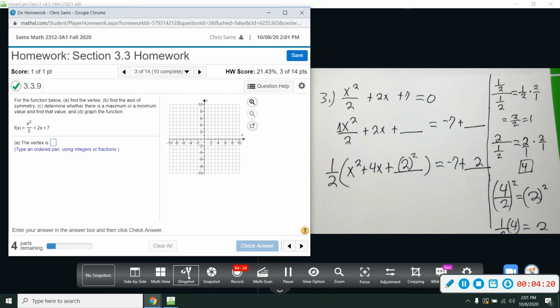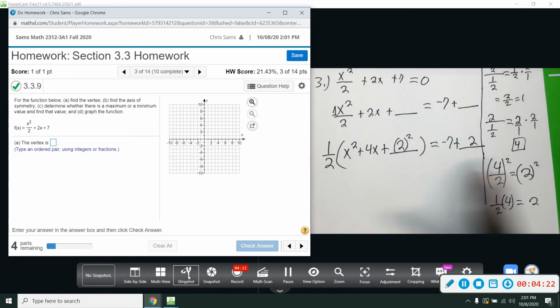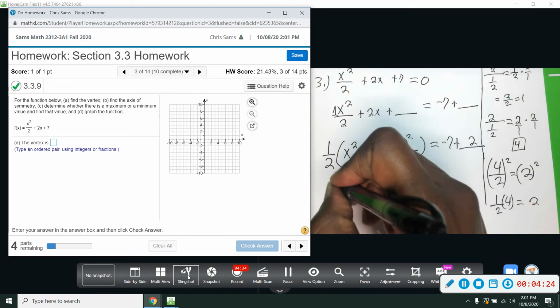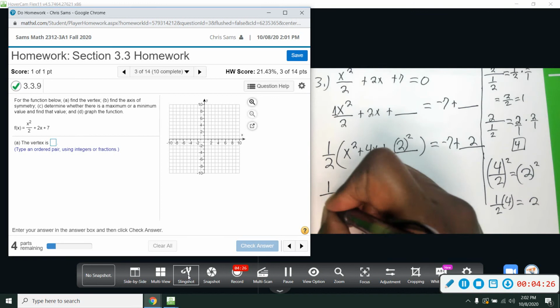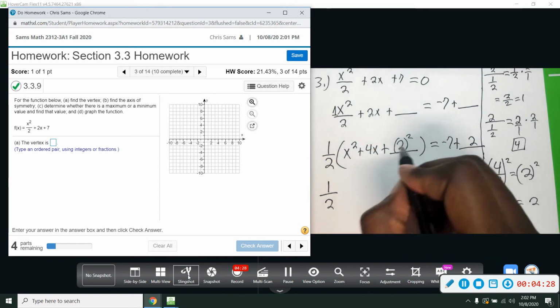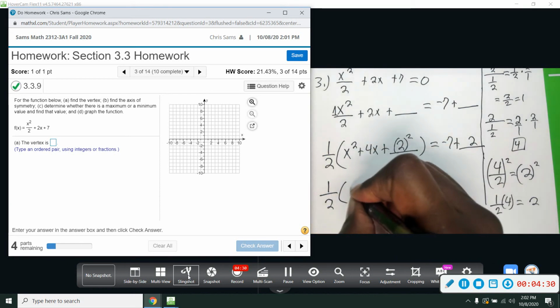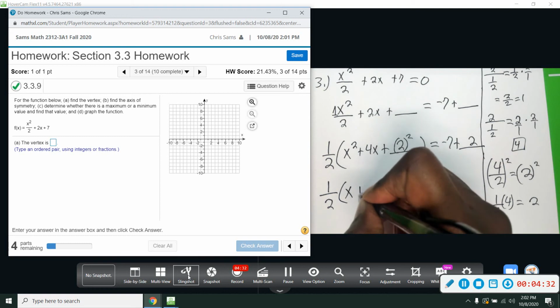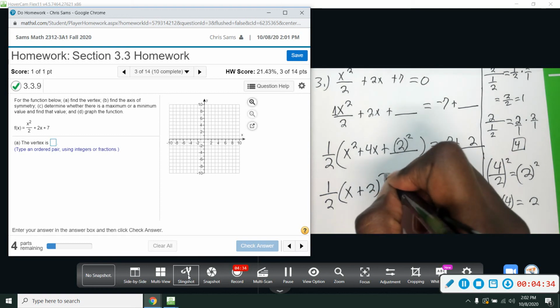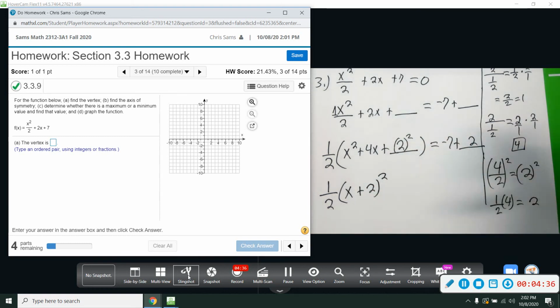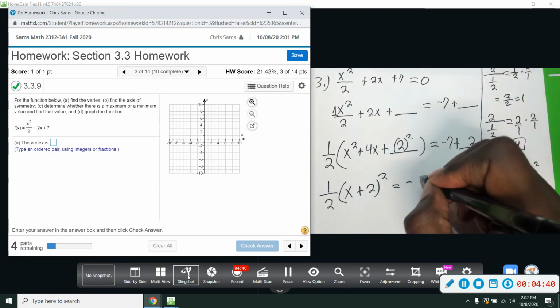All right. Now, we're going to simplify our factor, and then we'll be done. So this 1/2, I'm going to keep it here. The 2 squared terms, I'm going to put them together. So x and a positive 2. And I'm going to put the squared on the outside, so that's the shortcut to factoring. And then negative 7 plus positive 2 equals a negative 5.